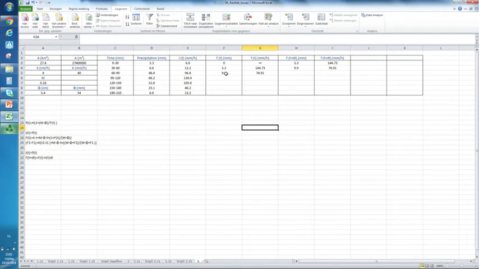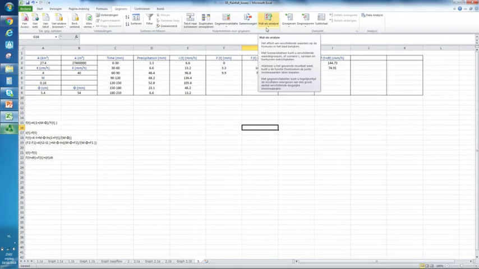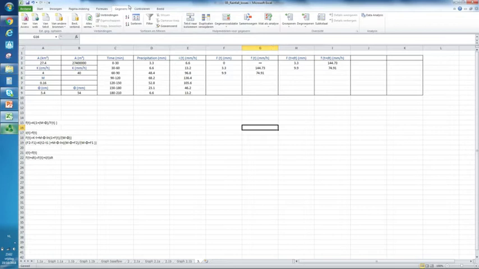But to calculate F2 we need an iterative procedure, or we can use the function of Excel which is called goal seek. This function can be found in the what if analysis tab. So we go to data, what if analysis, and there you can find the goal seek function. This is a Dutch version, but in English it will be called goal seek.